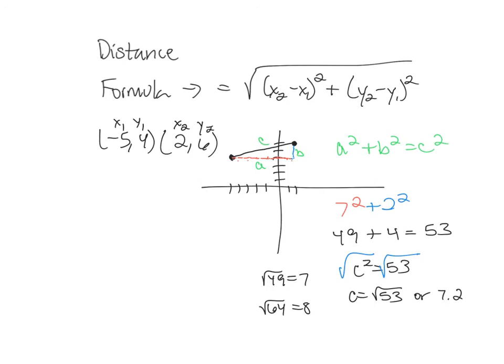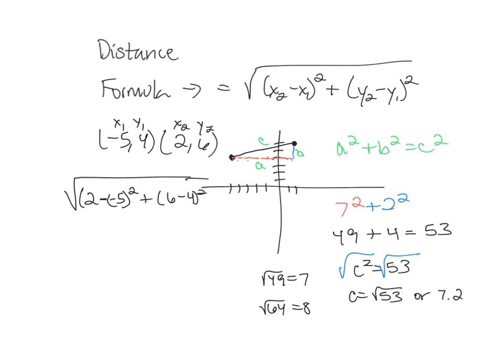But so I have this big giant square root, and it said x2, which is a 2, and here's a mistake that people make all the time. Minus from the formula, and then I have a negative 5. Add, and then I get y2, which is 6 minus 4 squared.